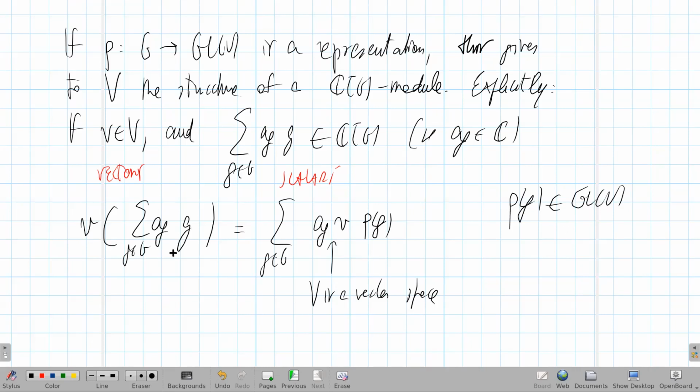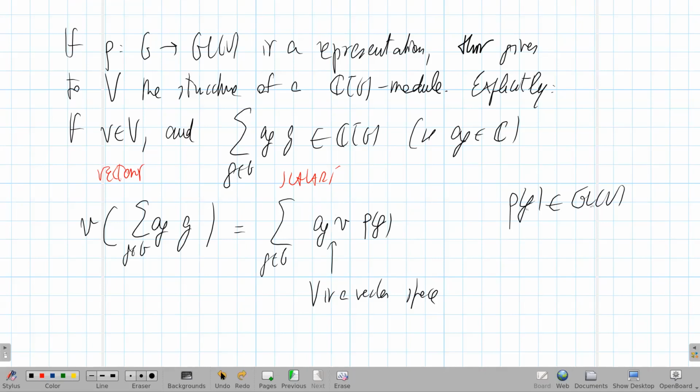Sometimes one does not write rho of G, but has an action in mind. When you consider an action, say via permutations, you don't write the map acting, you simply write alpha to the g. So sometimes you may find just g here with an action. The way the elements of G are thought of as elements of GL(V) is understood. I can put parentheses here, but this is a linear map, so it's really the same whether I put the parentheses outside or inside.